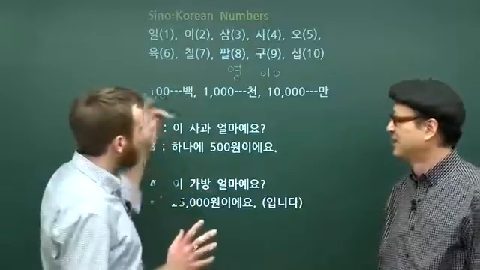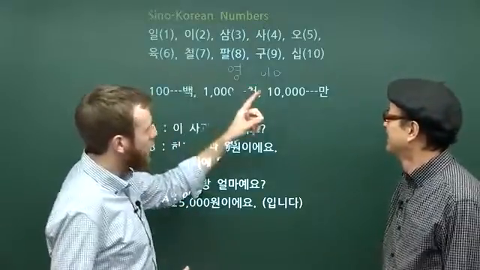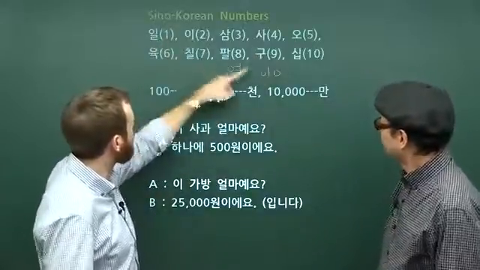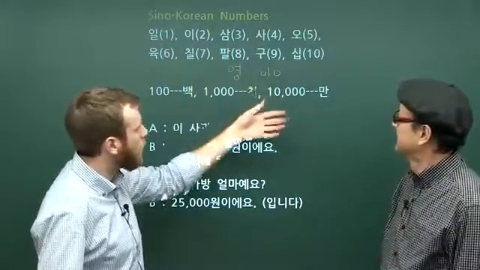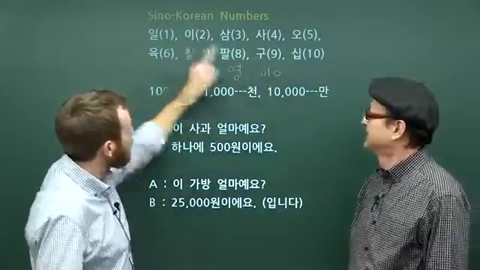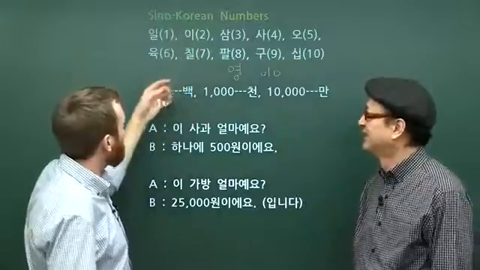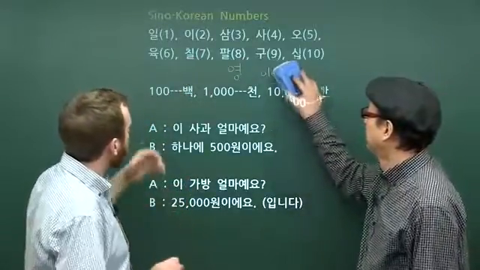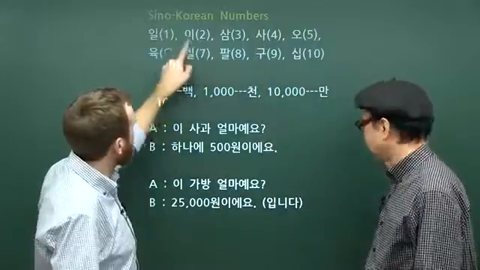So from 11 to 20, basically it's just 10 and the number. Once we get to the number 20 though, we take 2 and 10. So the system is not too hard to understand. You just have to get the hang of it. So 2 and 10 would be 20.